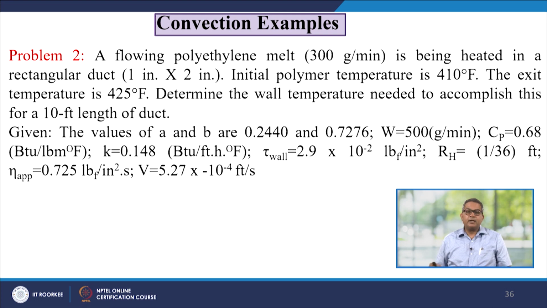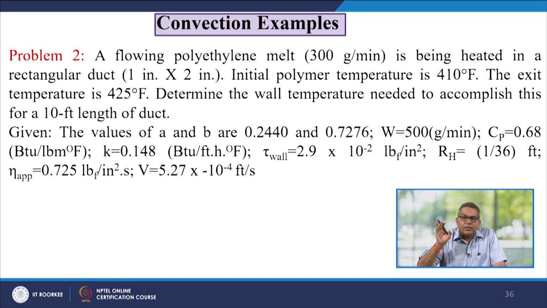Now, let us take another example. A flowing polyethylene melt, which is maintained at 300 gram per minute, is being heated in a rectangular duct, which is having the dimension of 1 inch into 2 inch. Now, initial polymer temperature is 410 Fahrenheit and the exit temperature is 425.